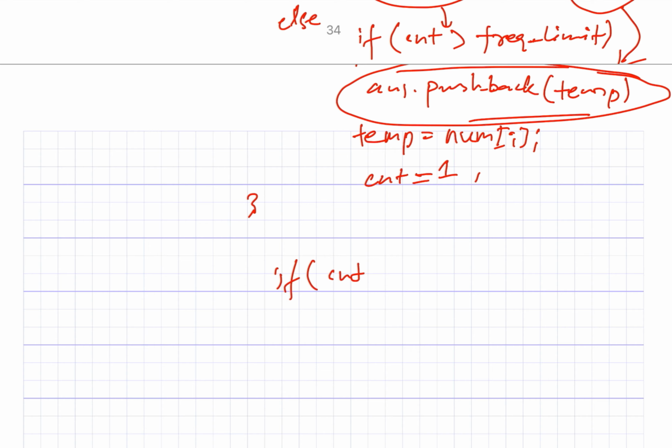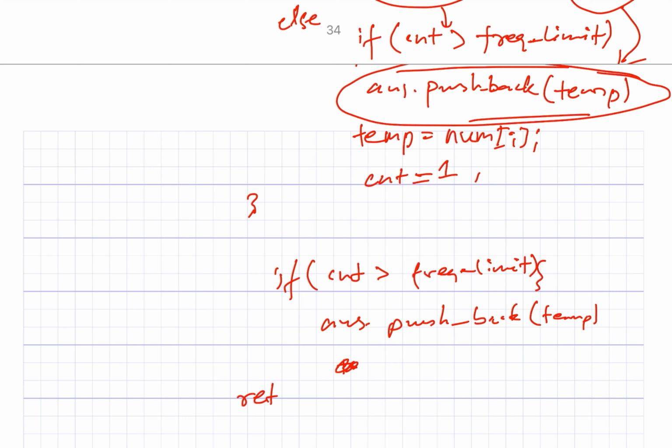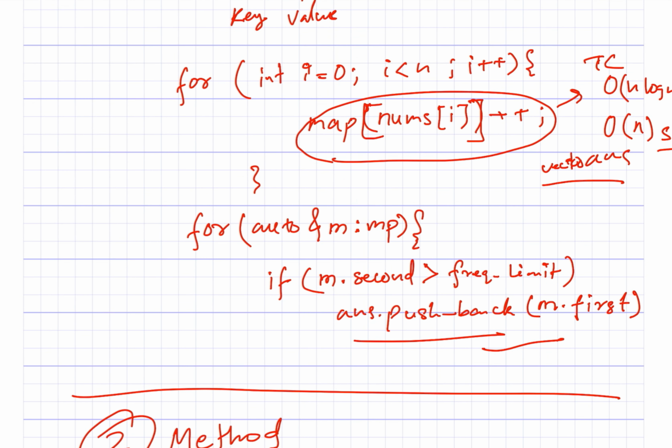If count is greater than the frequency limit, simply we will copy this answer dot pushback temp, and at last we will return our answer.